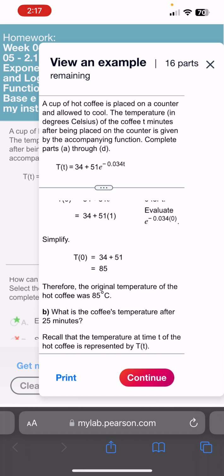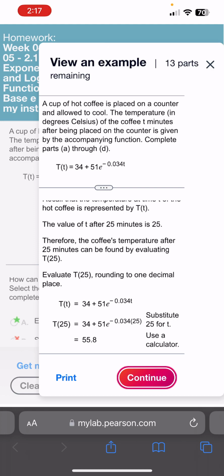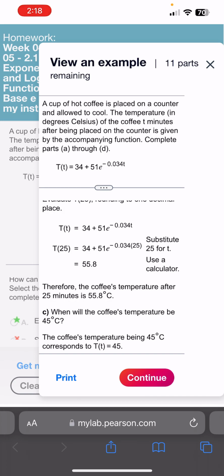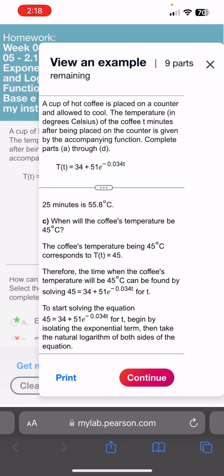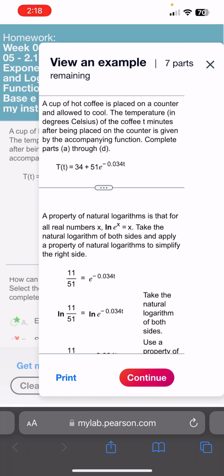I'm just getting back to where we left off. Is this the same one? Okay, I think we did C. So then D was asking, all right.